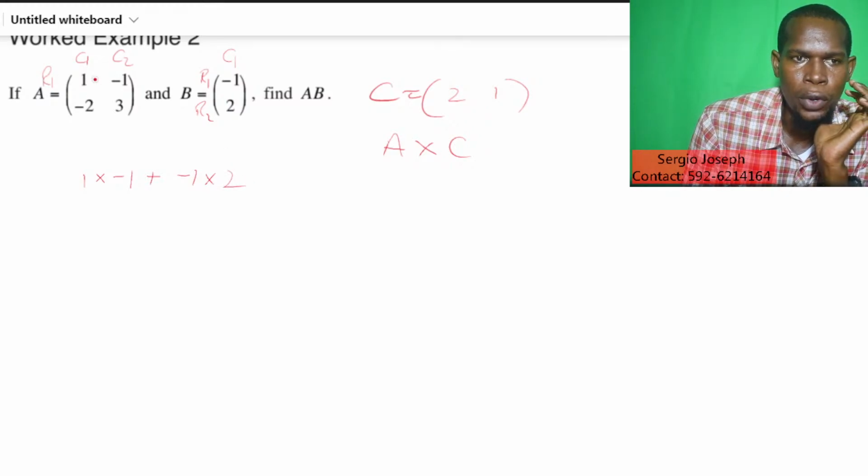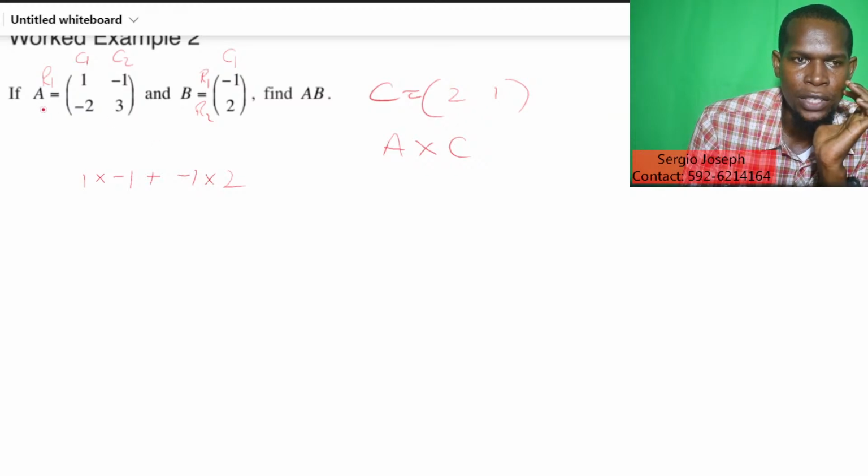So what we did was row 1 of the first matrix by column 1 of the second matrix, and between each element we put an addition sign.